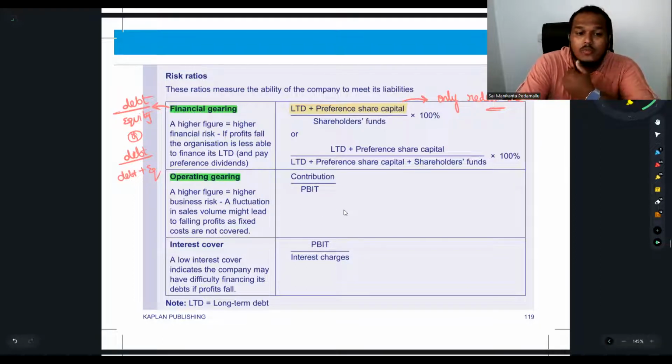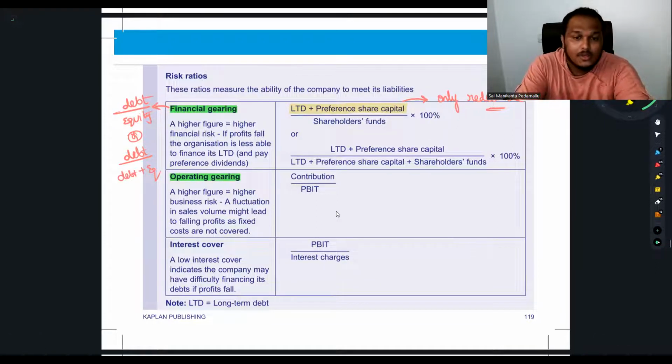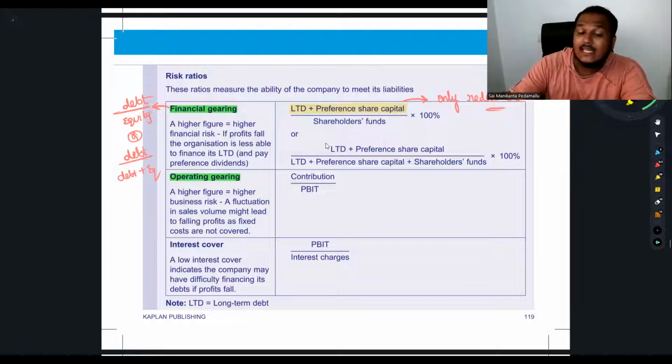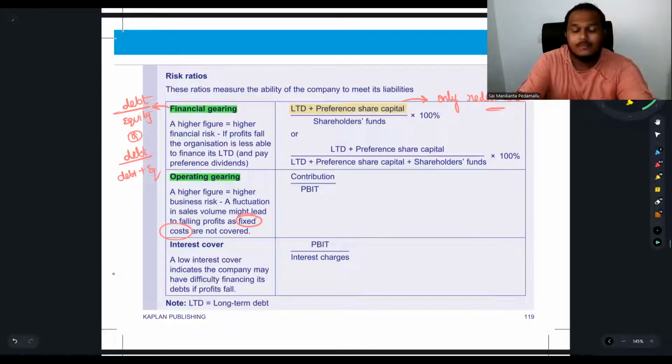So if you have too much fixed cost involved in your company, you will not be able to recover those fixed costs, running into losses. So your operational gearing actually talks about contribution by PBIT. It's the profit related ratio. Okay, it is saying that how much amount of your profit is actually eaten by fixed costs. Right?